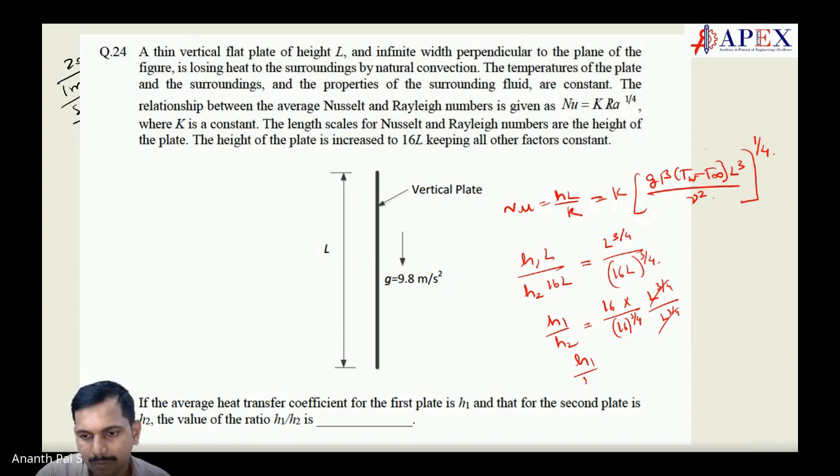So H1 by H2 is equal to 16 by 16 cube and 4th root, or use a calculator. If you cannot think about it, this is 16 raised to 1 minus 3 by 4, which is 16 raised to 1 by 4. So the 4th root of 16 is 2.